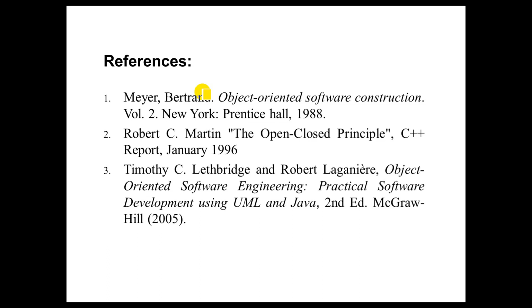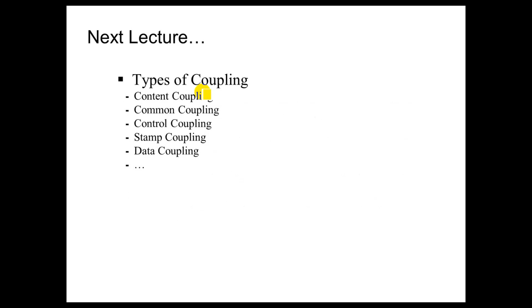Now you can see the content of the next lecture. What I want to say is that you saw that due to poor coding or poor design, we will have coupling among the modules, right? Note that this is not the only scenario in which we may encounter coupling or tight coupling among the modules.